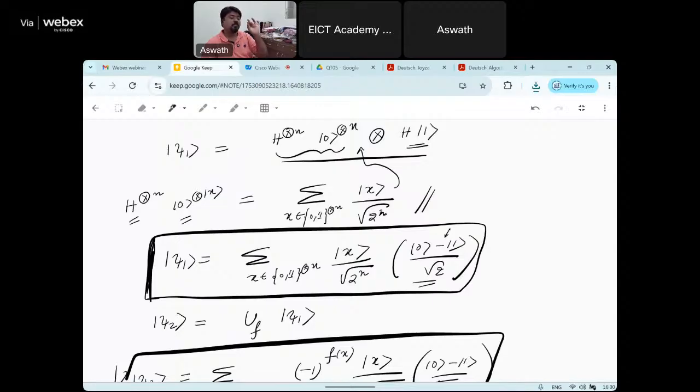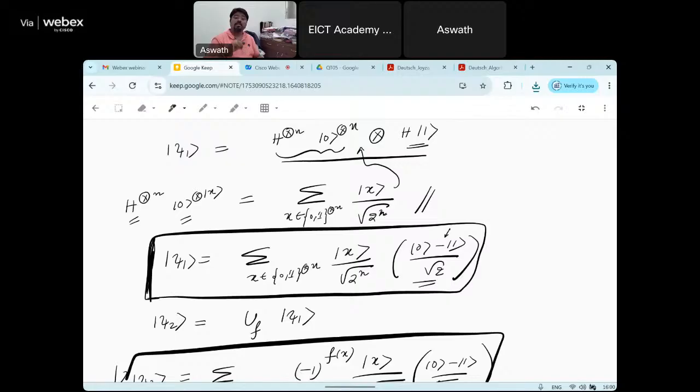Parallelism means finding multiple function values at a time. The Deutsch algorithm means not only finding the function values, but also finding the sum of the function values. Like the second level, the third level: the Deutsch-Jozsa algorithm finds the functions, finds the sum of the functions.